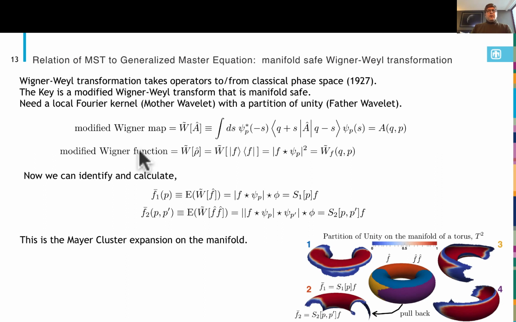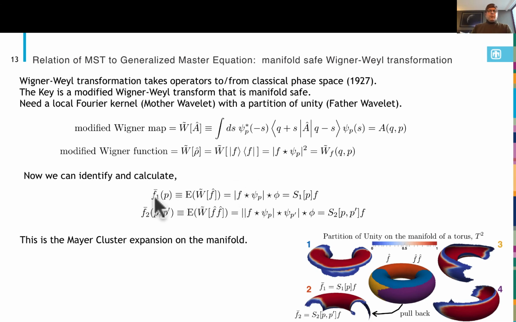We can now take this transformation of the density operator, and lo and behold, we find it's F convolved with the wavelet squared. What we're really interested in is the f, which is kind of the square root of this operator, and the expectation value. To get the expectation value, you need to multiply it by the father wavelet, and you end up having the square root.